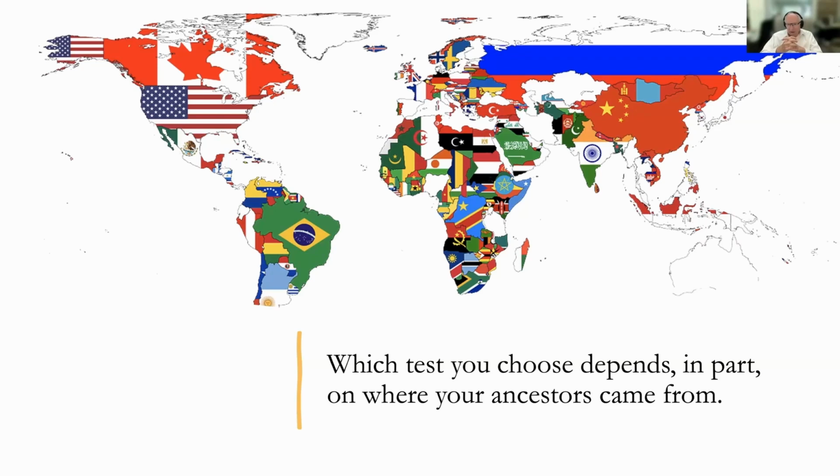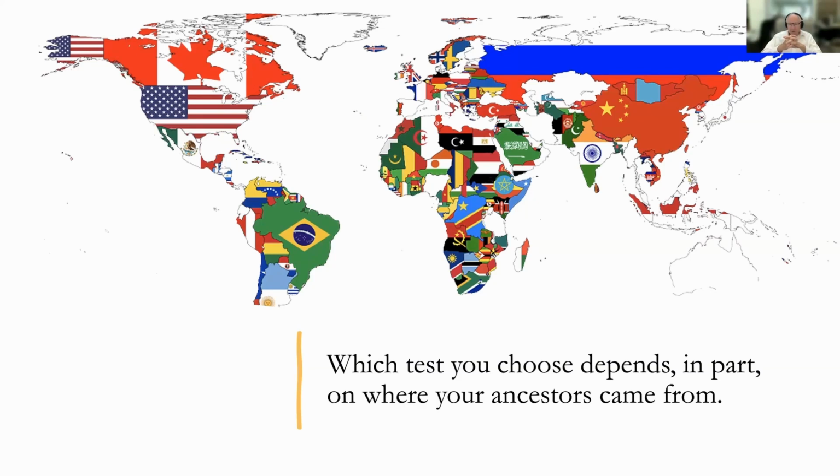Now, one of the issues that's pretty obvious at this point is that neither of these companies has total coverage of the entire world in the number of records and the number of users they have.